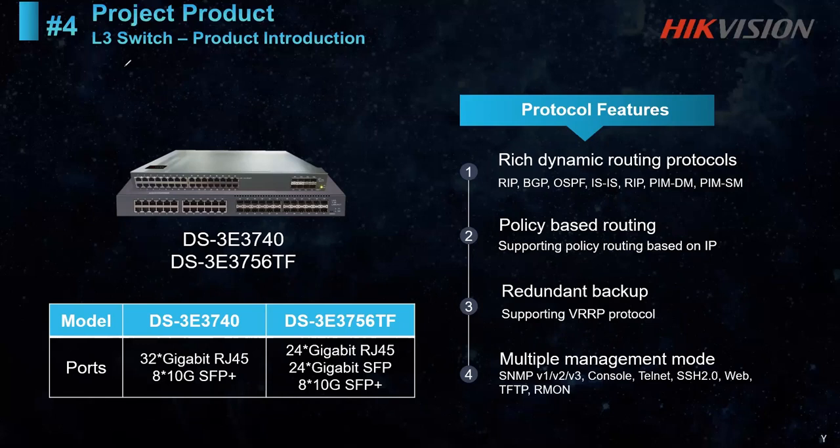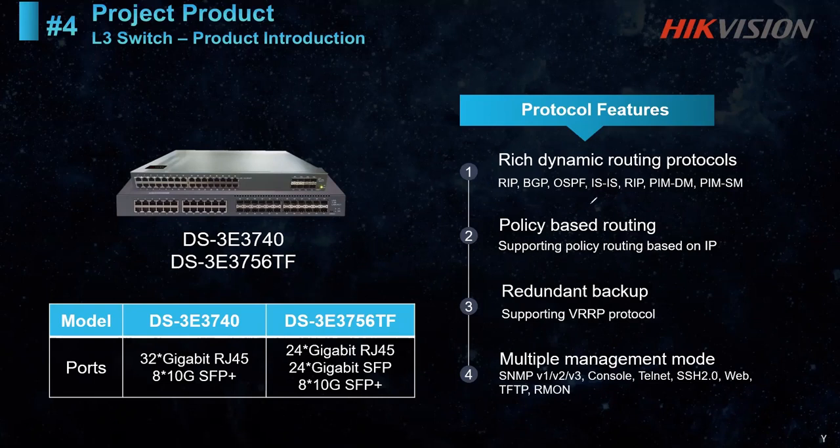Yeah. Now we have actually come to the last category of the project product switches, which is the L3. I think L3 is the most advanced switch that you can get in a switch range, which has fully fledged L3 capabilities, including the advanced routing protocols starting from RIP, BGP, OSPF, like that.